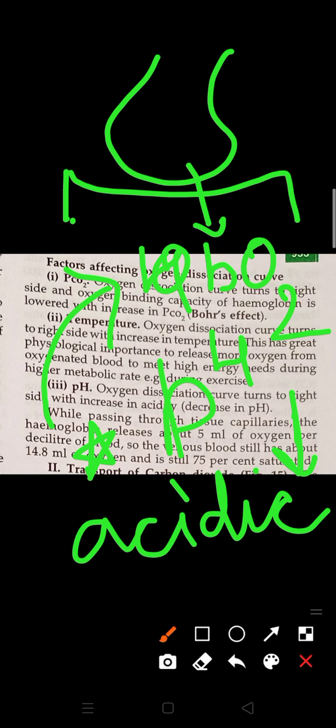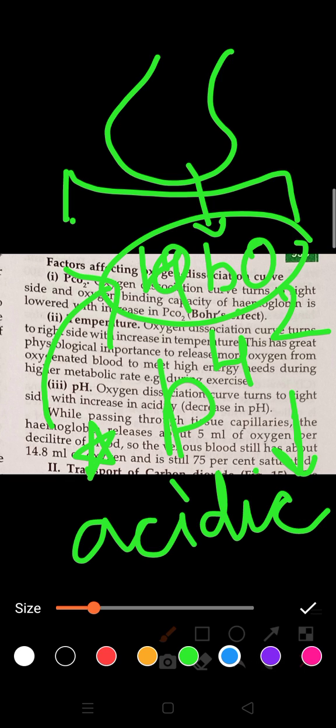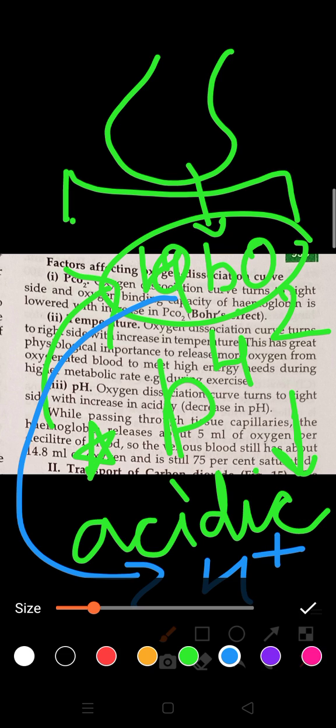If oxyhemoglobin forms in the lungs, it releases one important thing, that is protons. If protons are released, it decreases the pH of blood. ब्लड को एसिडिक बनने के लिए प्रोटॉन्स का रिलीज होना जरूरी है.